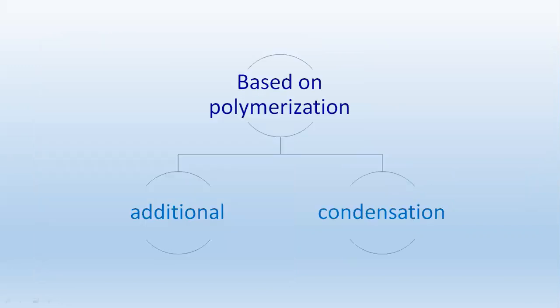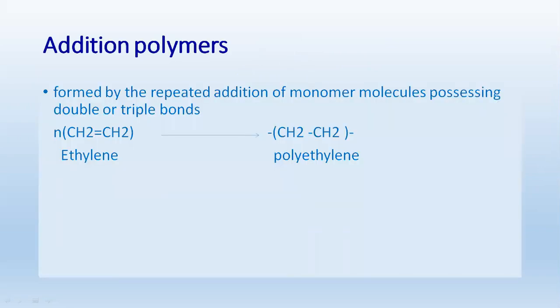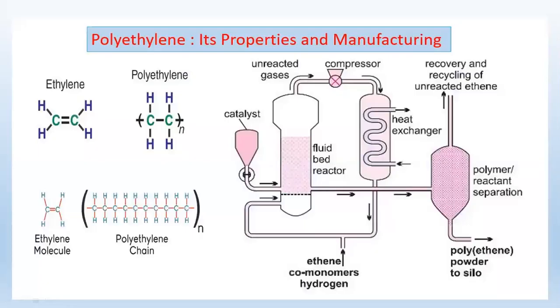Based on polymerization: addition and condensation. Addition polymers are formed by repeated addition of monomer molecules possessing double or triple bonds.